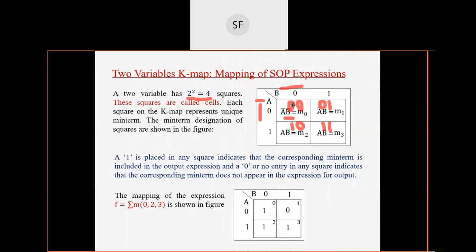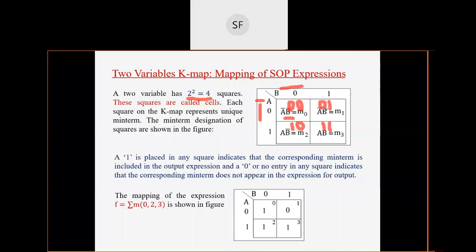So since 0 0 is there in the sum of product representation, what we have to do? When the value assigned to a variable is 0, then you have to take its complementary form. So you can observe here, since the value associated with this cell was 0 0, you have to take the complements of both variables, A bar, B bar.